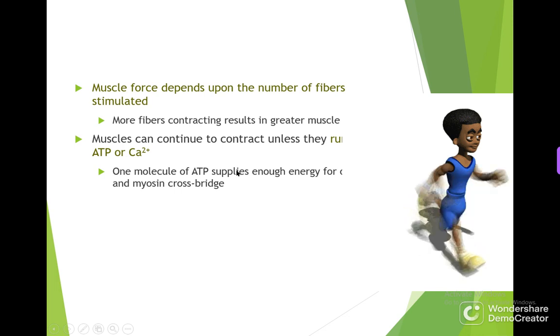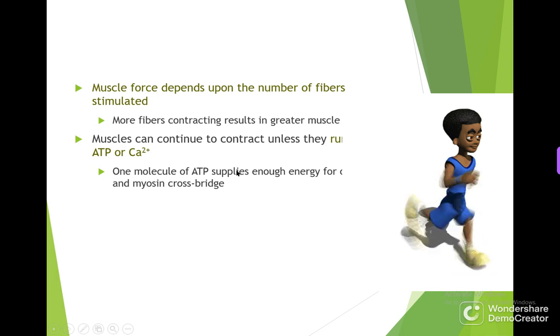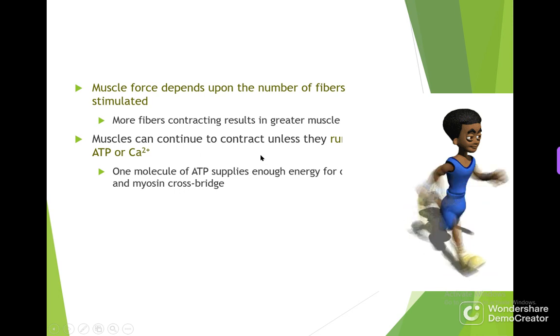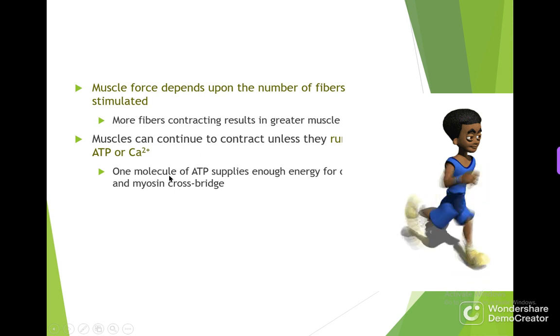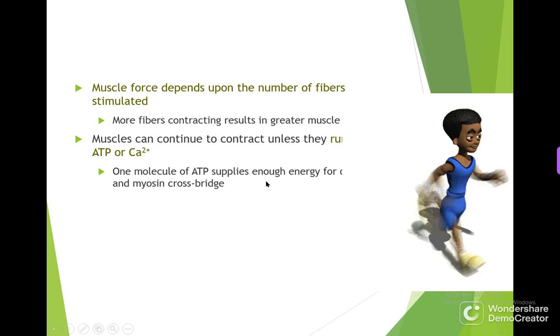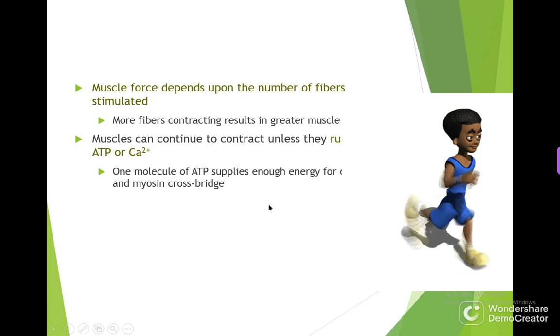If there is deficiency of this, then of course they will stop contracting. And remember that one molecule of ATP supplies enough energy for the actin and myosin cross bridging.